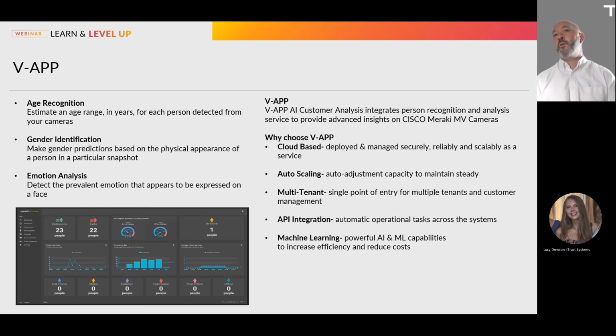Understanding if people are walking in with a baseball bat or a gun, if you're in a hospitality environment or in a dangerous environment, understanding some of that powerful analytic information has got some good use case. And hopefully that gives you a bit of a flavour as to how the VApp analytical information can provide, again, enhanced information on top of the Meraki cameras.